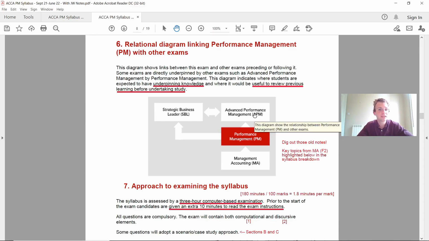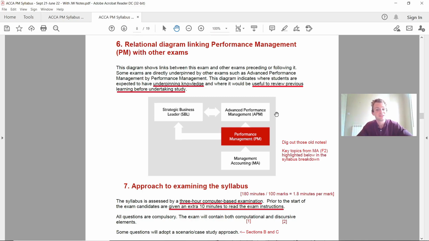But coming on to now the relational diagrams for PM, so you can visualize where it overlaps, how you're going to take this knowledge forward, and where the knowledge is used previously. So we've talked about management accounting before, but the underpinning knowledge that ACCA is referring to is actually about management accounting, and then using these and reviewing the previous learning, undertaking your studying.